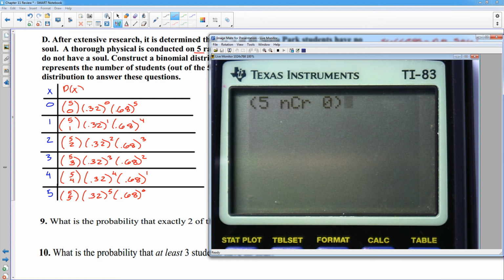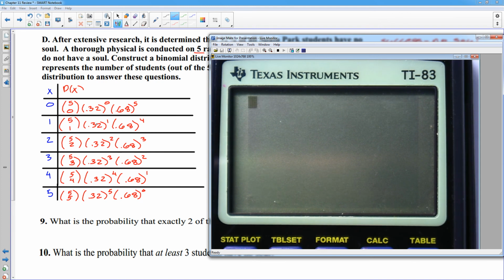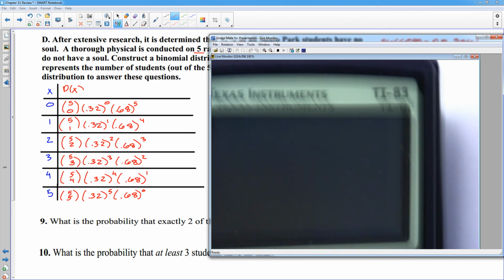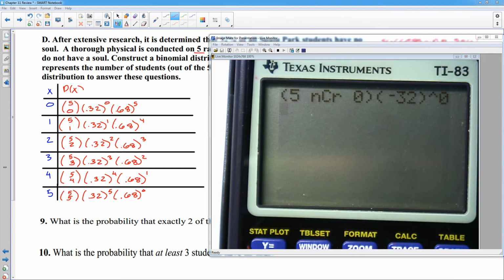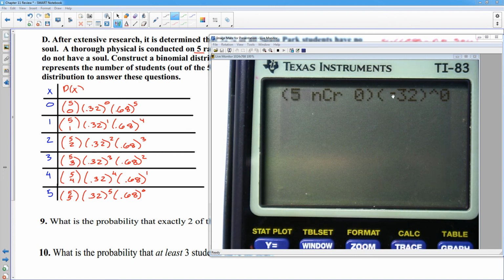And then I need to multiply that by 0.32 to the, gee, seriously? Alright, hang on a second. Let me get this fixed. Here we go, I think that's where I was. So I have 5 choose 0, that should be 0.32, not negative 32. Let's fix that. 0.32 to the 0. Come on! What is wrong with me?